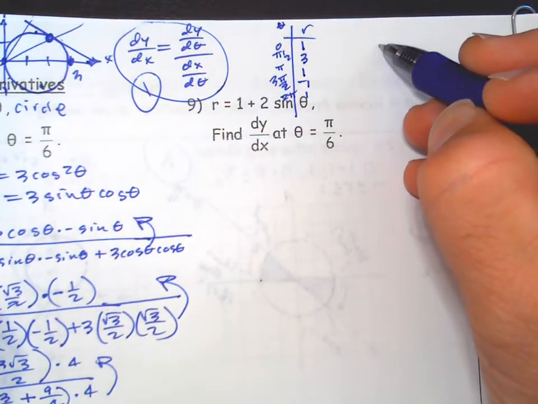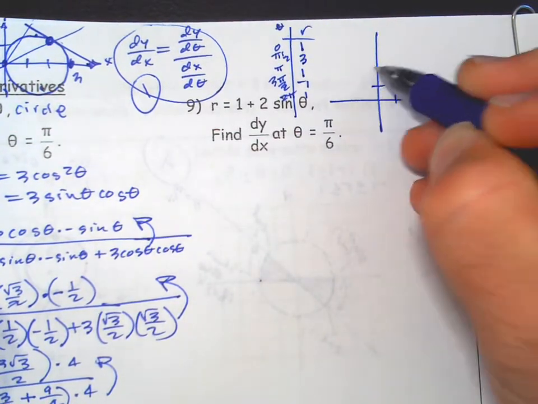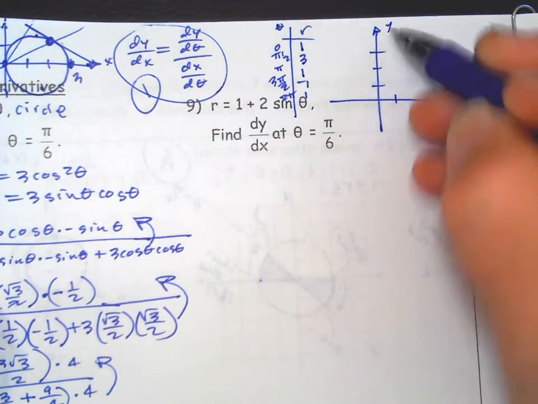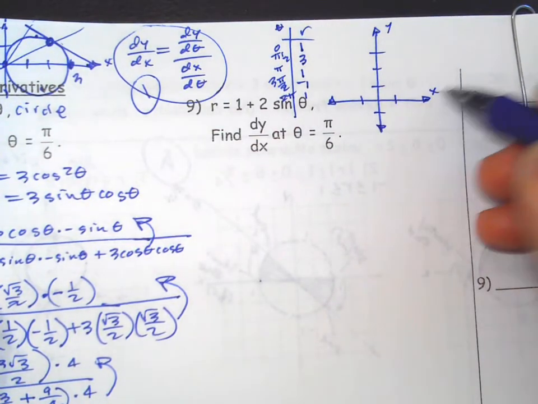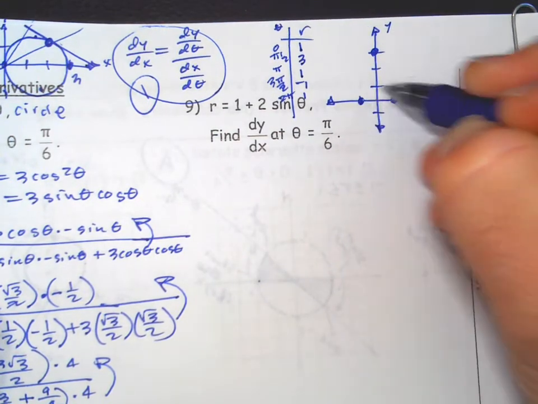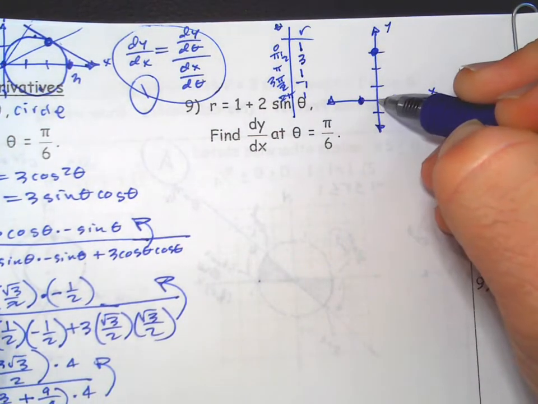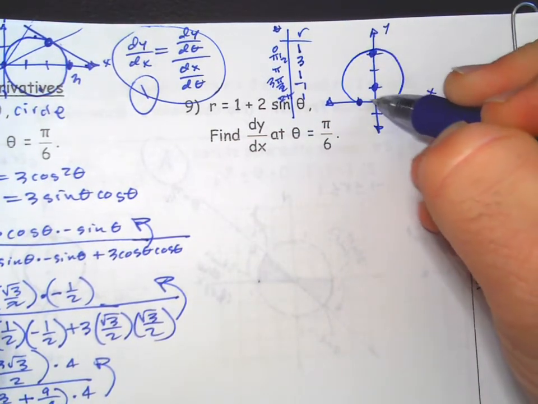So it's gonna be kind of taller. So at 0, 1, at pi over 2, 3, at pi, 1. And then at 3 pi over 2, it's -1. So there's that inner loop, and it's going to go through the pole.